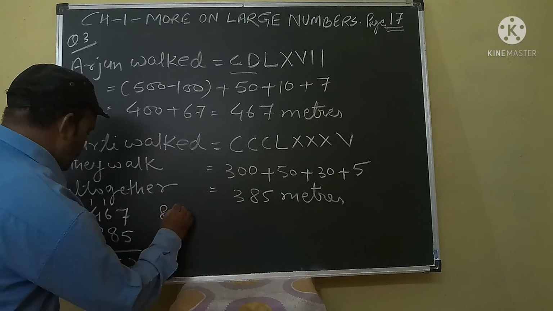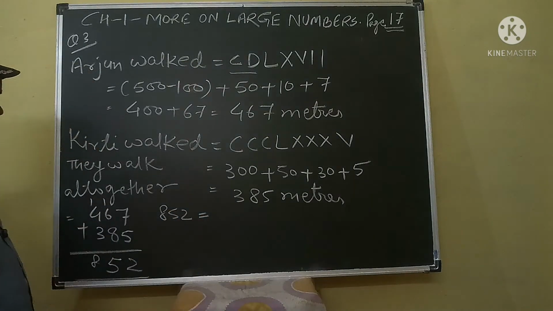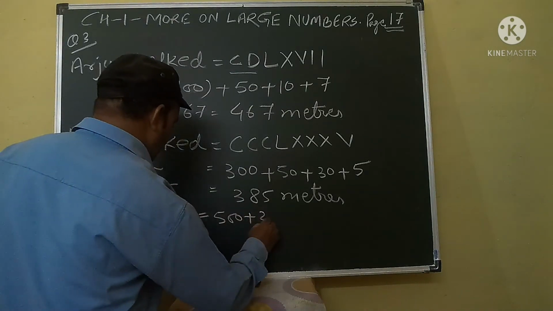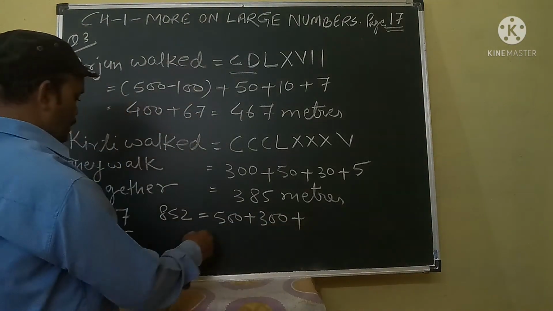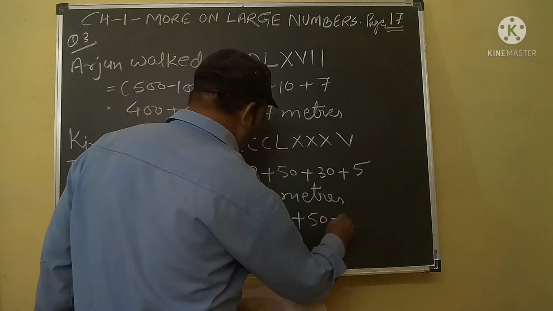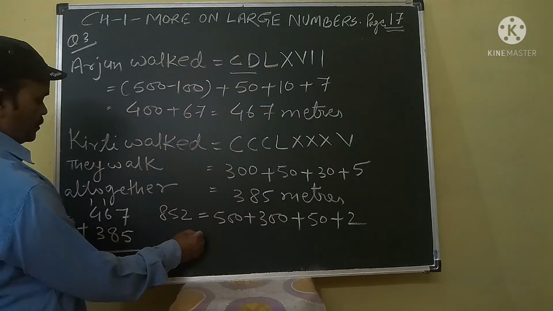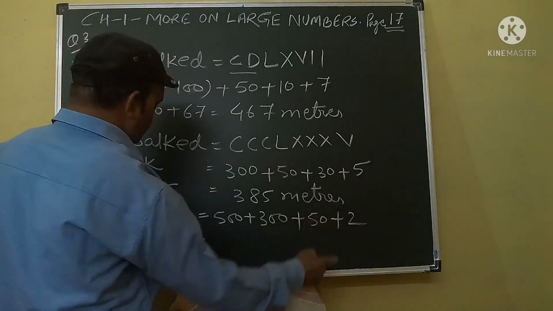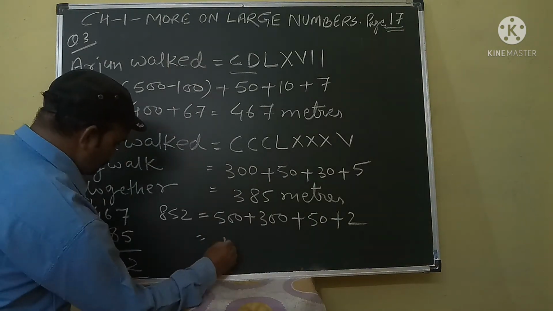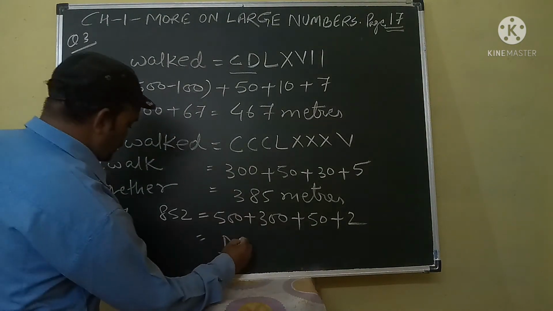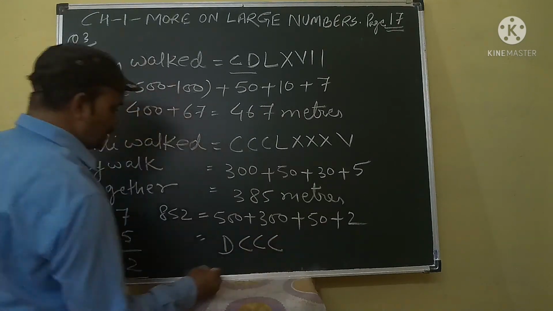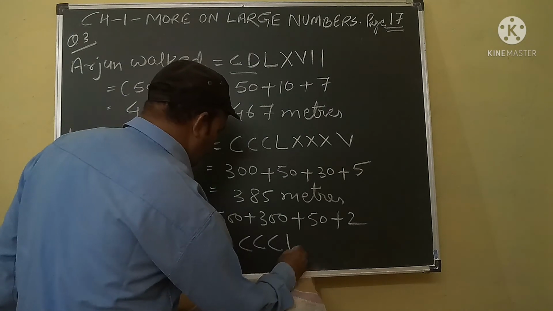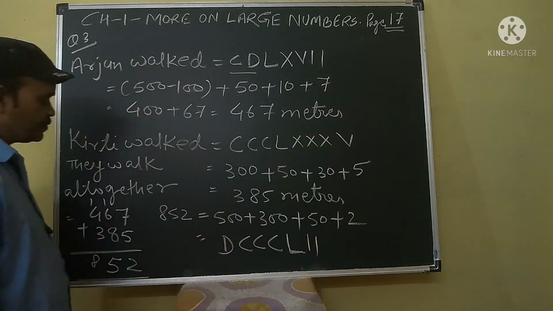Look here. 852 we can split: 800 means 500 plus 300, then plus 50 and plus 2. 500 means D, 300 means C, C, C, L stands for 50, and this is 2.